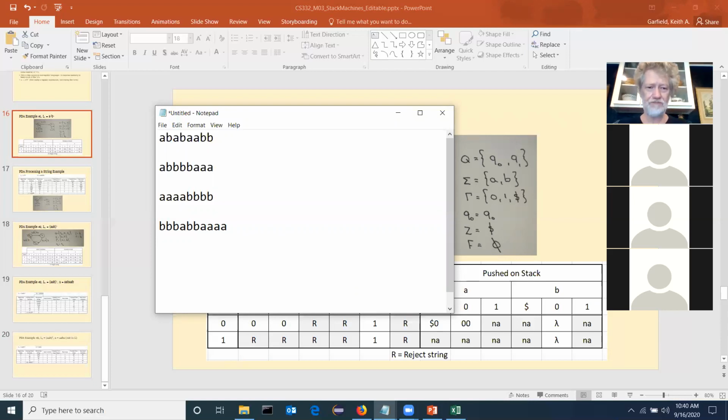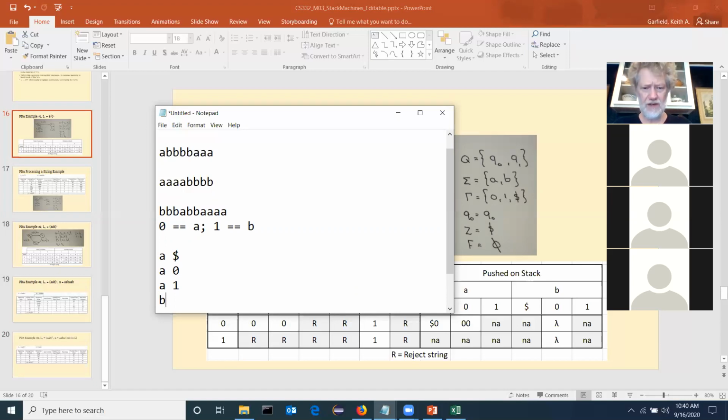We can have A with a $ sign on top of stack, A with a 0 on top of stack. I'm going to let the zeros correspond to the A's and let the 1s correspond to the B's. I can have an A with a 1. Then I can have a B with a $ sign, B with a 0, B with a 1.